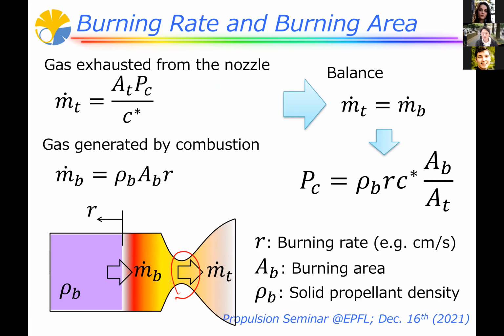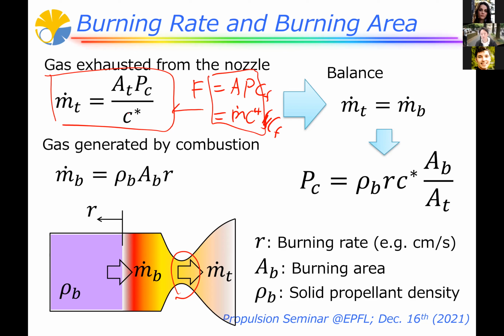So as I explained before, we have this kind of relation for the mass flow rate. So I showed this kind of relation. And from this equation, you can derive this kind of equation for the mass flow rate.